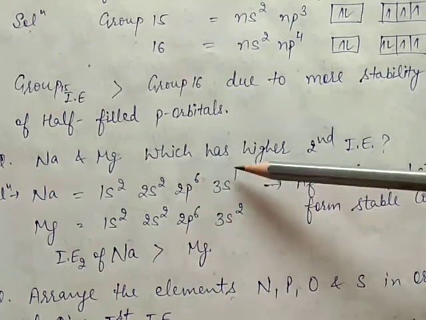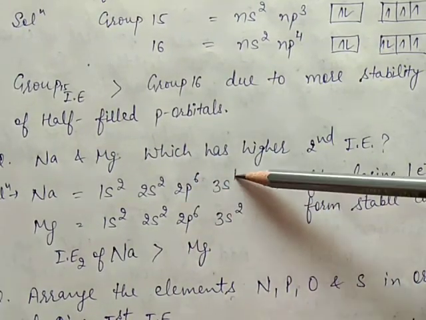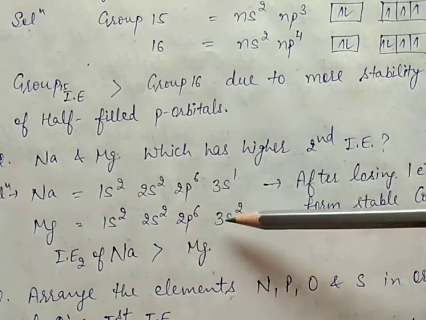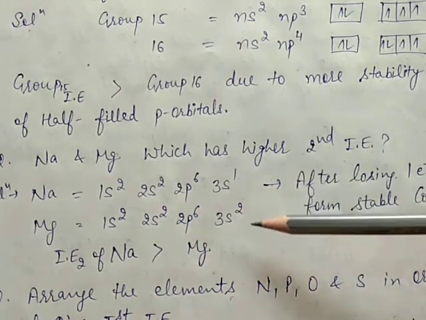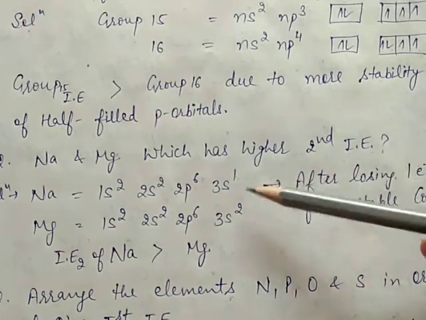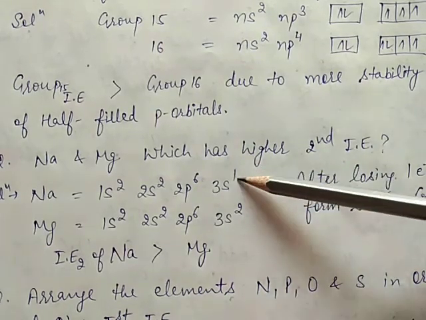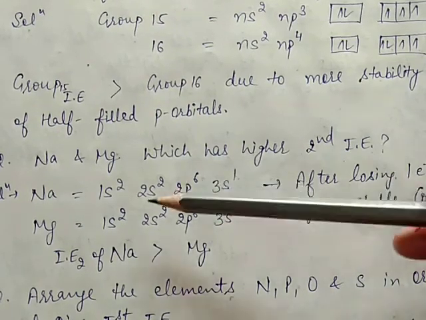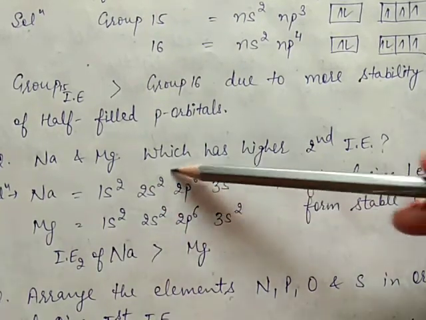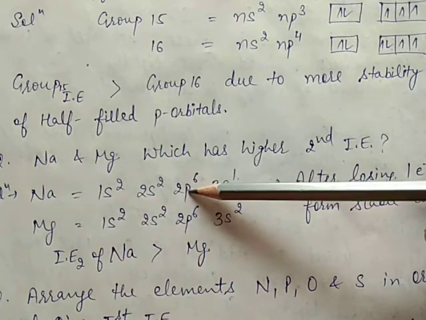These are the same, but in sodium 3s1 has 1 electron, and in magnesium 2 electrons are present. After losing 1 electron from the sodium atom, it forms a stable configuration, 1s2, 2s2 and 2p6. This is a stable configuration, exactly fully filled.